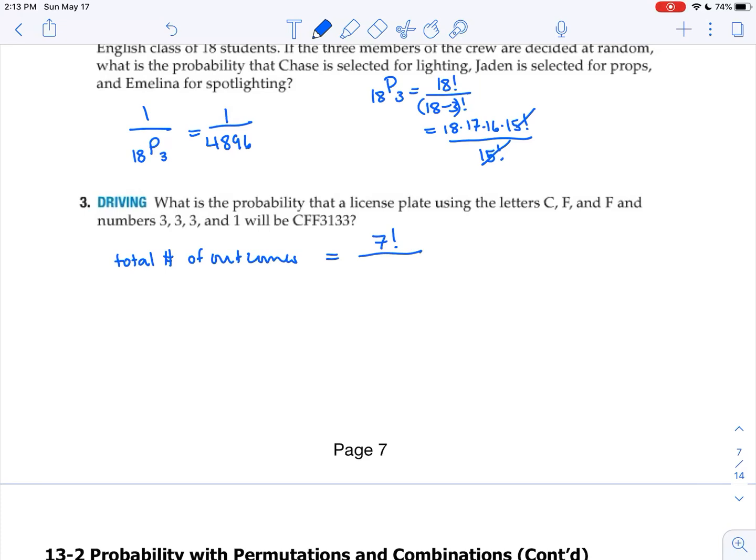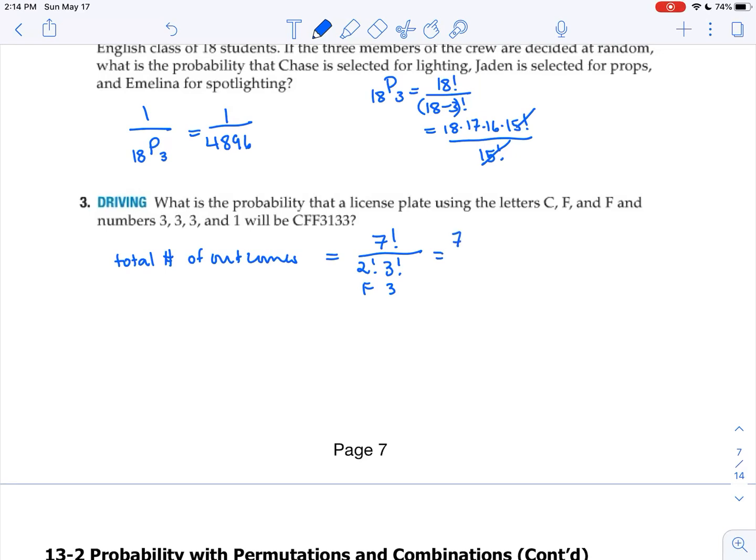And then from the 7 letters, we see that F is being repeated twice. So we divide out the number that is being repeated and the letters that are being repeated. So the total number of F's are 2. So this is for the F's. And then there's 3 3's, so divide by 3 factorial as well. And again, I'll write underneath that what that was for.